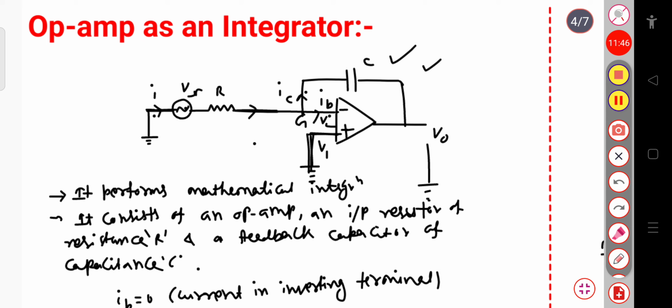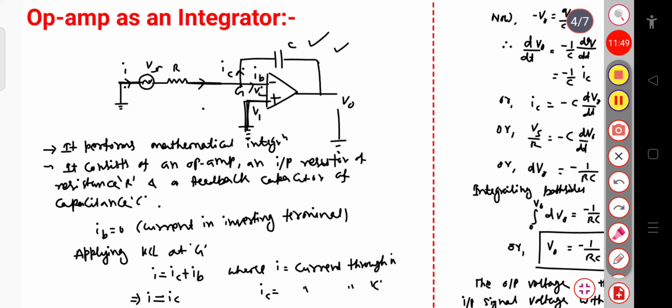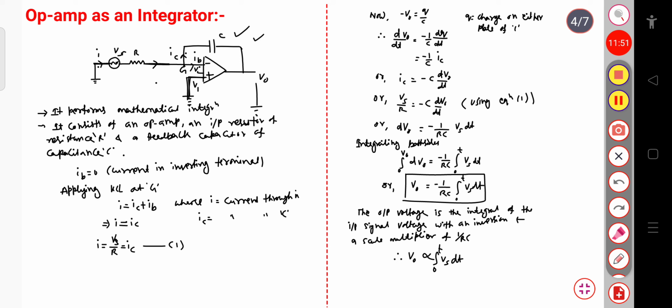In the integrator, the output voltage is the integration over 0 to T of Vs dt, where Vs is the input signal, so the output is the integral of the input signal voltage with an inversion and a scale multiplier of 1 by RC.